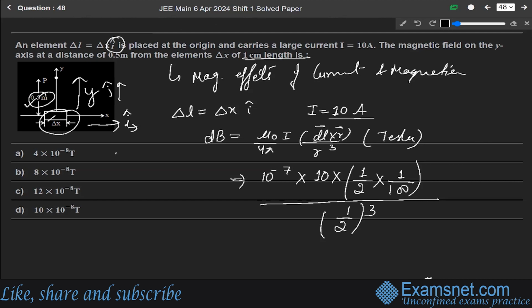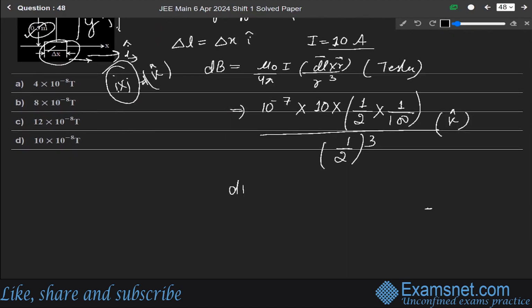So for dl cross r, i cross j will be equals to k cap, means the magnetic field is in the direction of k cap. Okay, so just solve it and we'll get our final result.